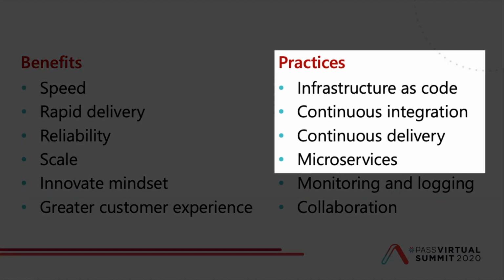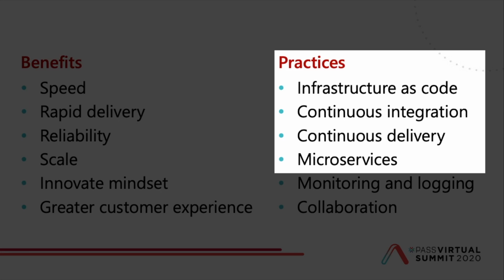The first one is infrastructure as code. In this practice, we provision and manage our infrastructure using code and software development techniques. Then we have continuous integration. It's a software development practice where developers regularly merge their code changes into a central repository, after which automated builds and tests are run. Continuous delivery.